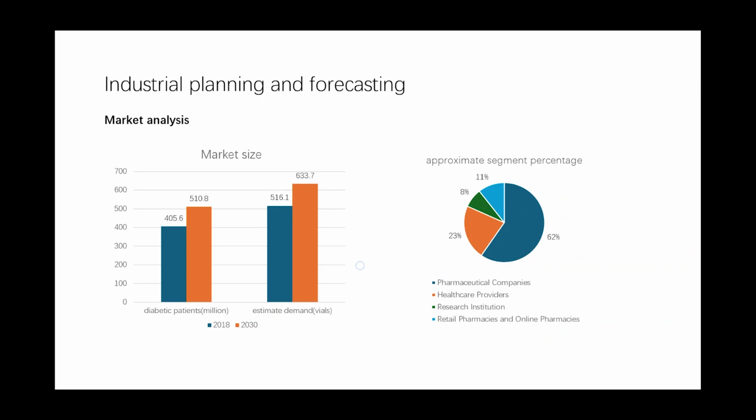From the right chart, we can see that the majority of main consumers are manufacturers of diabetic medicines, hospitals and clinics, and research institutions. They act as the bridge to connect diabetic patients and insulin.